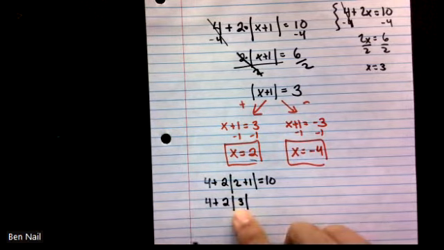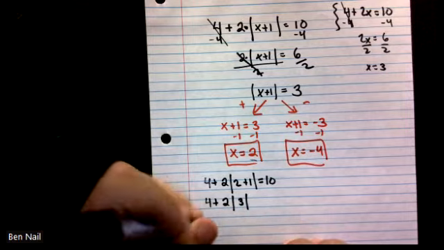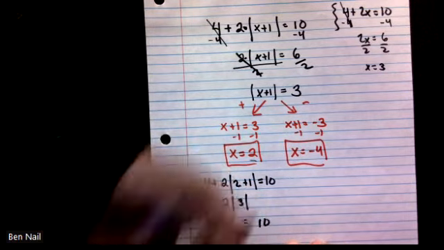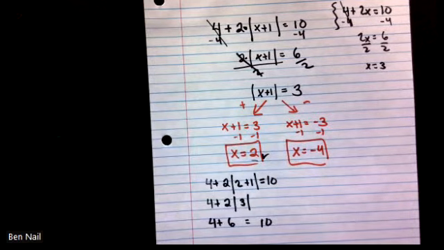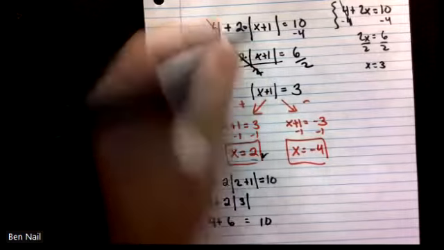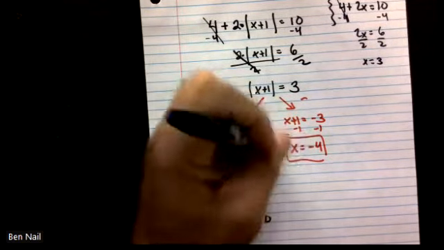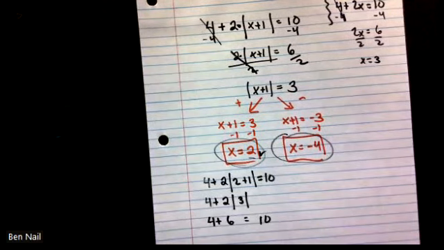The absolute value of 3 is 3. 3 times 2 is 6. And 4 plus 6 is 10. So again, that one checks out. I could do the same thing with the negative 4, but I'm not going to bore you with that. We've got more ground to cover, but it's the same thing. If I were going to check it, I would plug it into the original function and check. And again, as far as I'm concerned, those are your solutions and we're done.